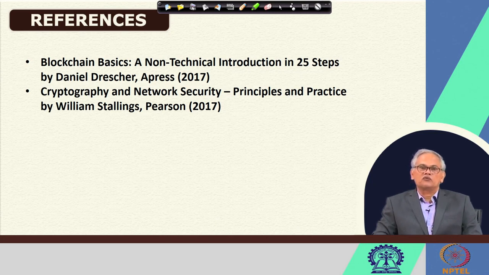And there are of course a lot of other books on cryptography and network security that also talk about different types of hash functions and their properties. So, with that we conclude this lecture, and we will talk about more details of uses of hash functions and how they can be used in the context of blockchain in the subsequent lectures.